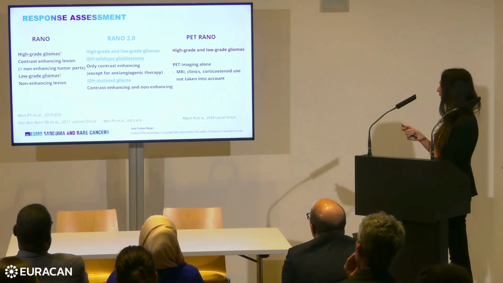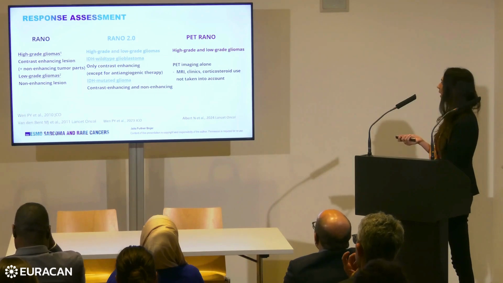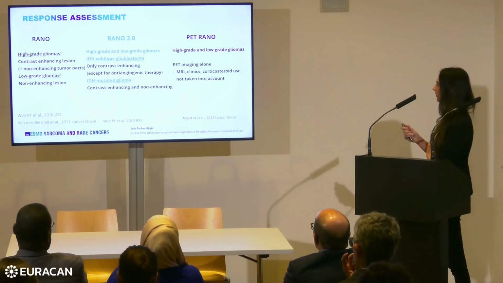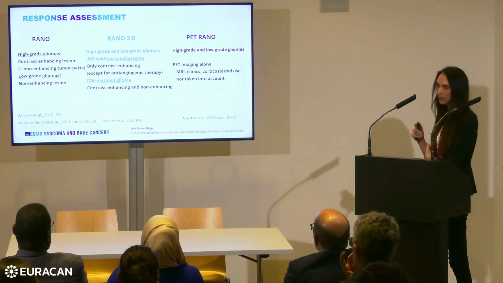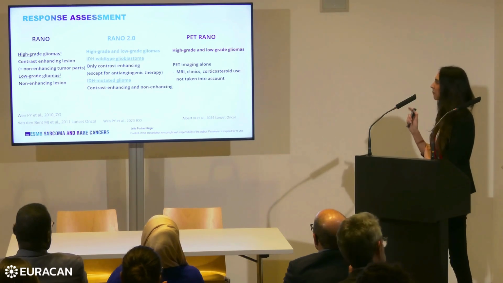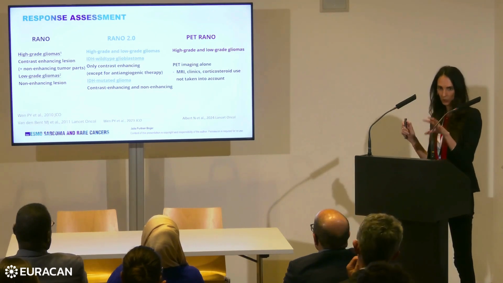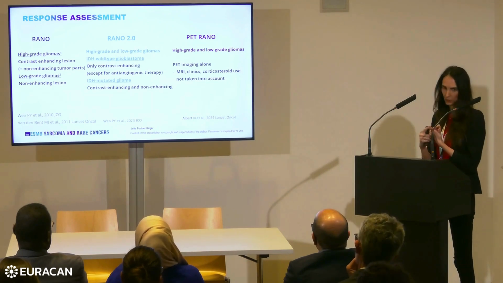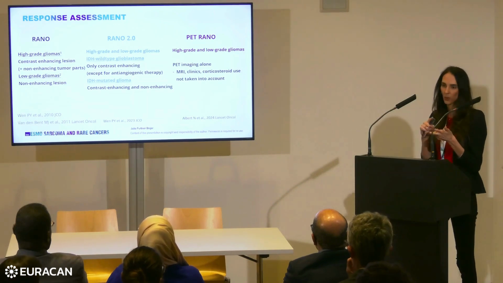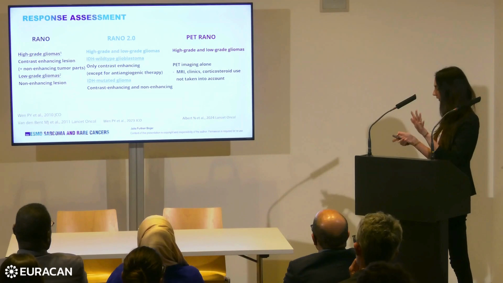A few months ago, Nathalie Albert published PET RANO criteria also for high-grade and low-grade gliomas. But be aware, the PET RANO criteria are PET imaging alone criteria. So they do not take into account MRI features, clinical status of the patient, or corticosteroid use. They're just imaging.